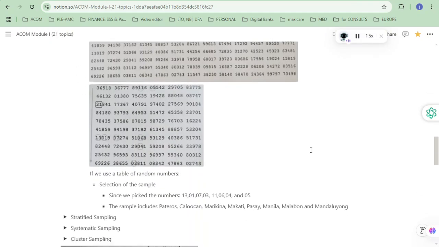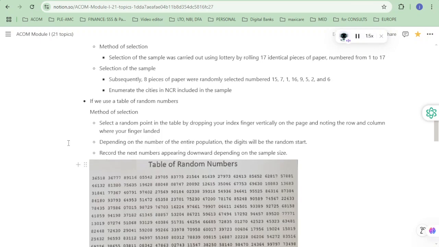Selection of the sample: since we picked the numbers 13, 01, 07, 03, 11, 06, 04, and 05, the sample includes Pateros, Caloocan, Marikina, Makati, Pasay, Manila, Malabon, and Mandaluyong.